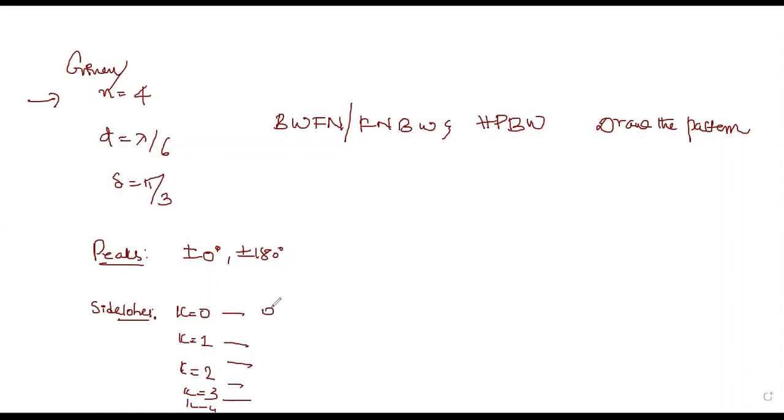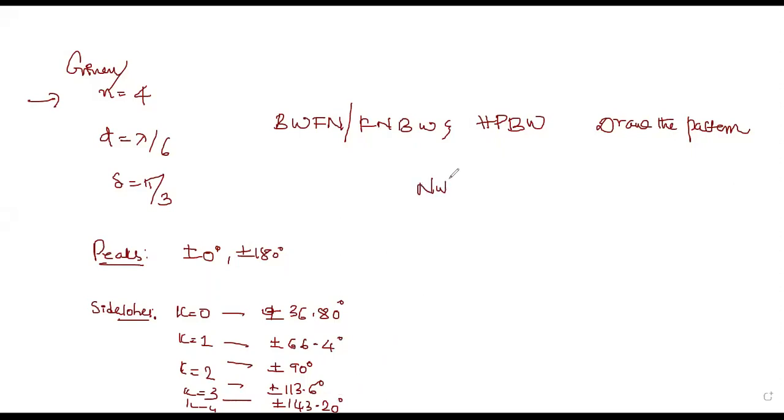So phi value was plus or minus 36.8 degree, 66.4, plus or minus 90 degree, plus or minus 113.6 degree, plus or minus 143.2 degree.